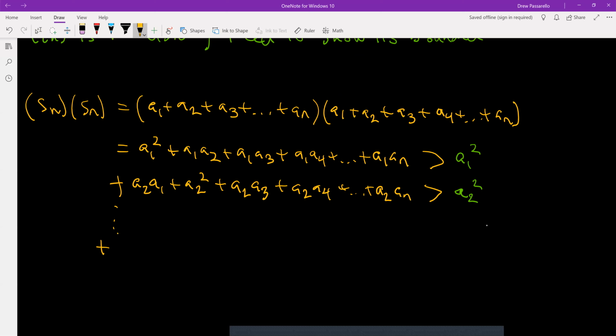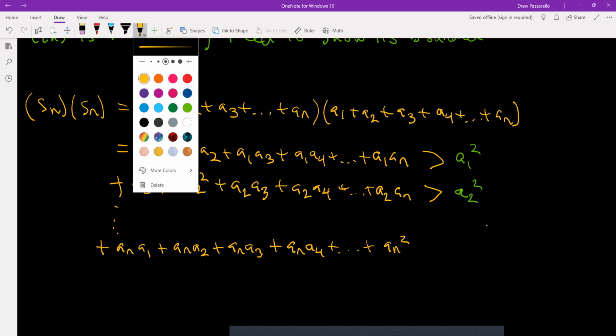So when you distribute the an, you get an times a1, an times a2, an times a3, an times a4, plus an squared. That whole thing is greater than an squared.